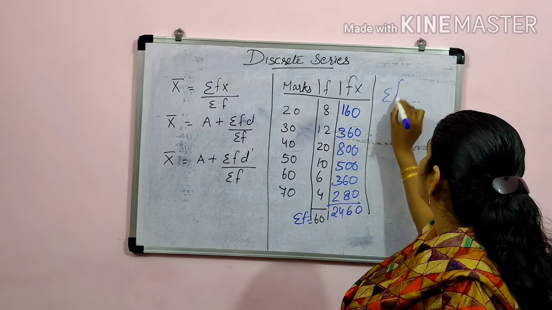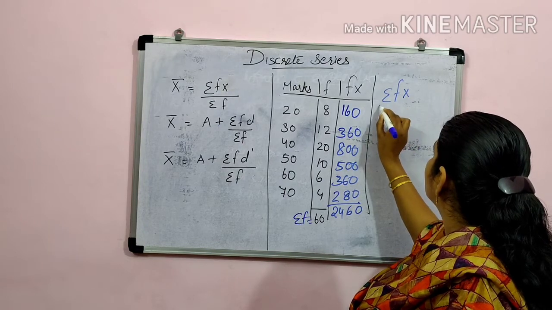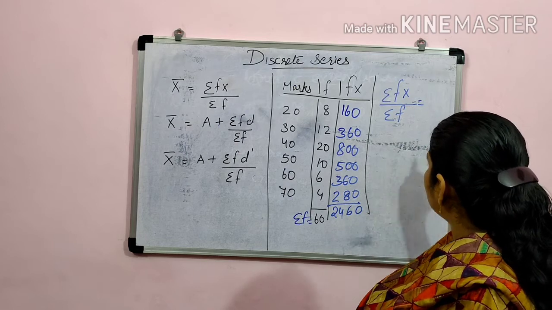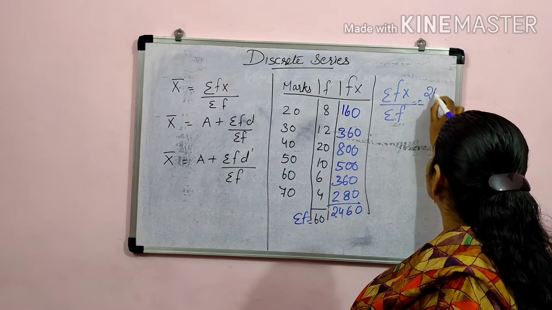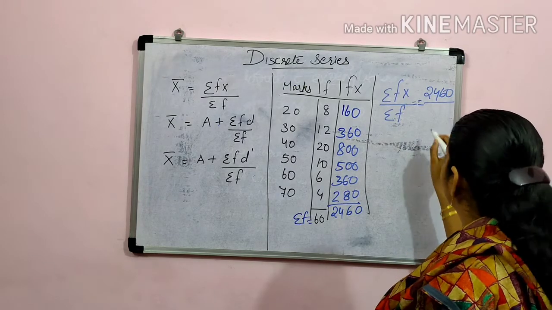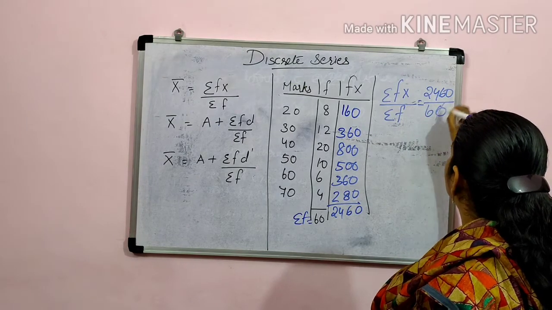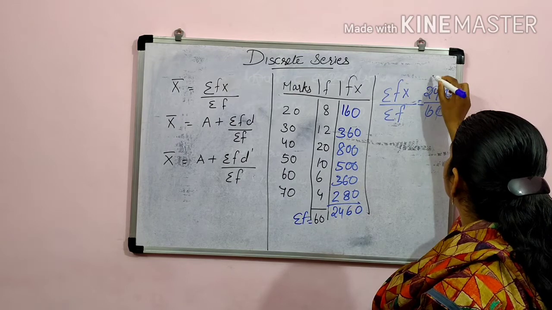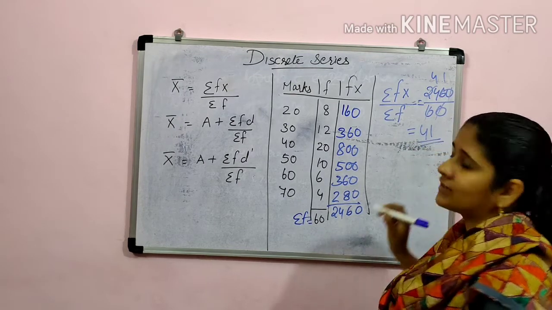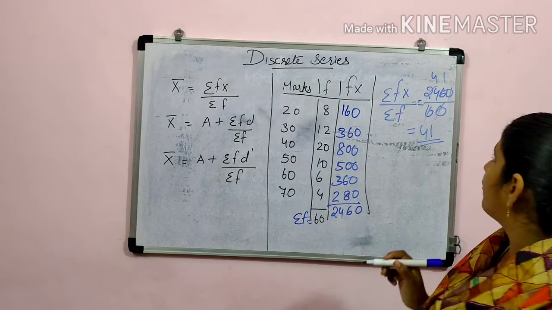The formula is summation of fx divided by summation of f. So here it will be 24. So the final answer will be, dear students, 4p1.